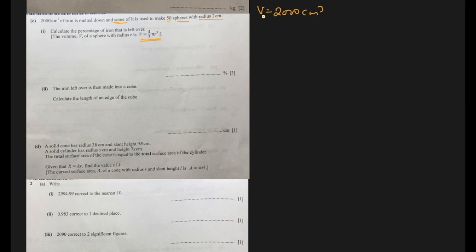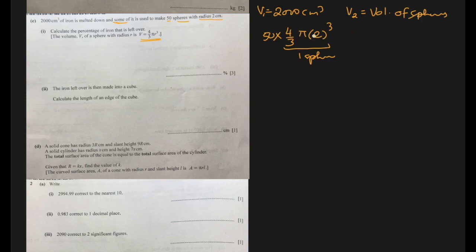So first, this was the starting volume, let's call it V1. Now V2 is the volume of spheres, and how many of them? 50 of them. So the volume of one sphere will be 4 over 3 pi times r cubed. r is 2 centimeters, cubed, and this is for one sphere, but we want it for 50, so we multiply by 50.